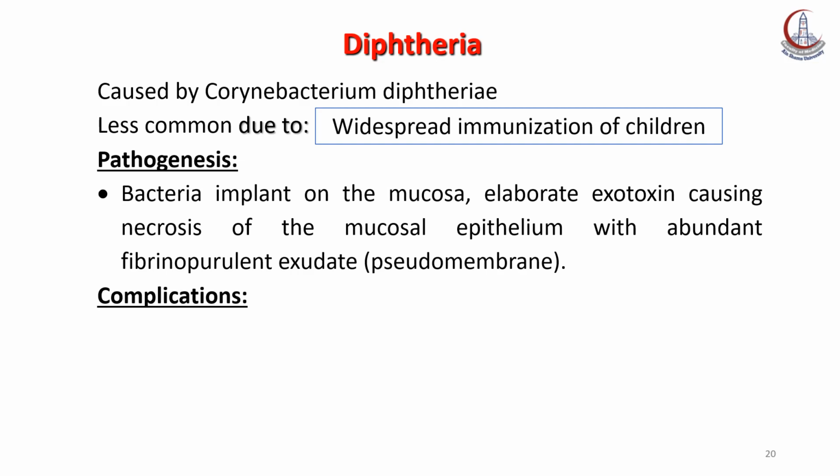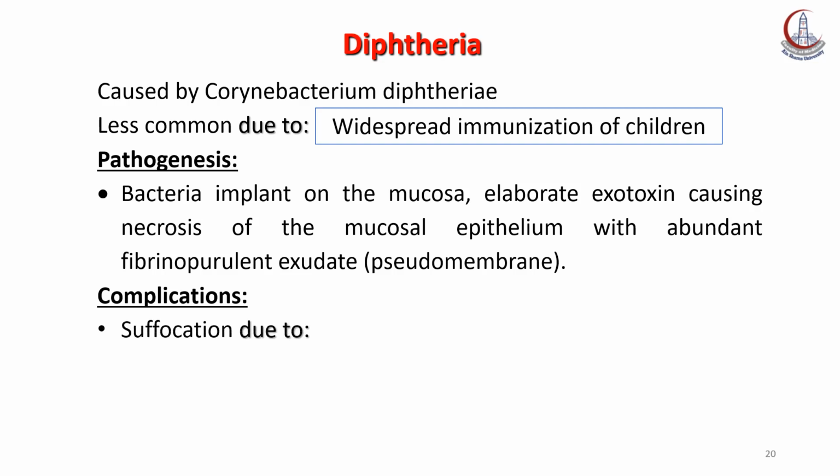البكتيريا اللي هي الكورينيبكتيريوم ديفتيريا دي بيحصل لها ان هي بتimplant على الميوكوزا وبتعمل secretion of exotoxin leading to necrosis of the epithelium with abundant fibrinopurulent exudate. النكروتيك epithelium مع الاكسوديت هيكون لي pseudo membrane.